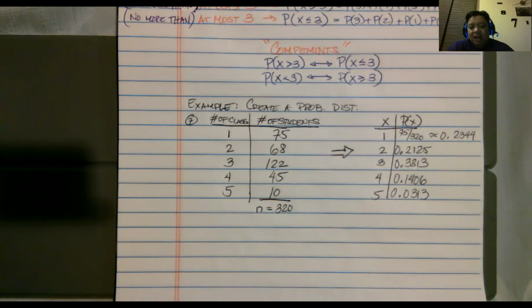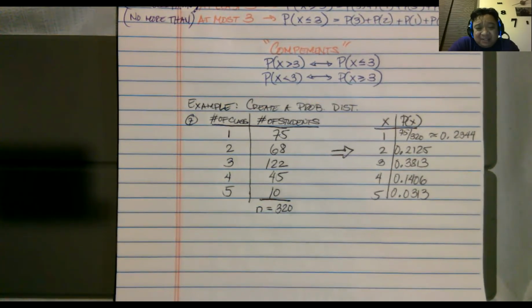But if you kept all the decimals, it should have been 1. I think we're a little over, are we? Is it 1.0001 or something like that? Yeah, so we're a little over, and the reason we're over is because of the rounding. If we kept all the decimals, we would have been really at 1.